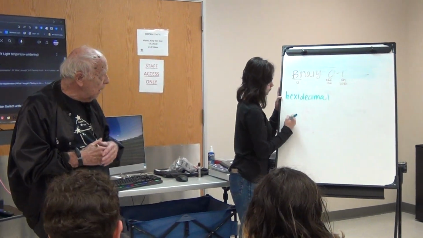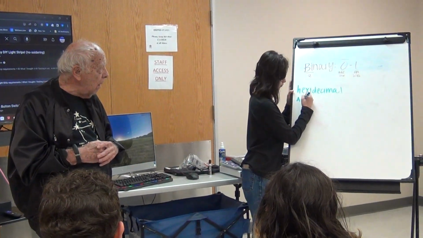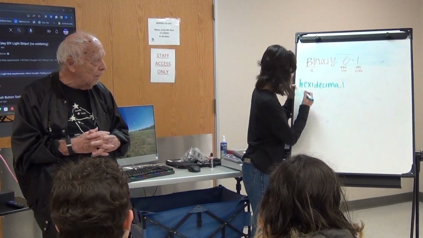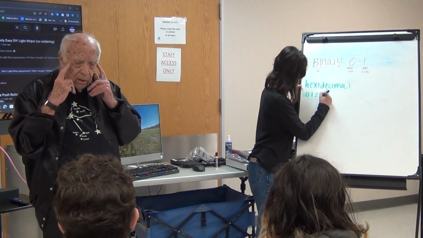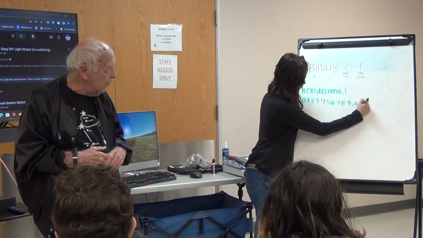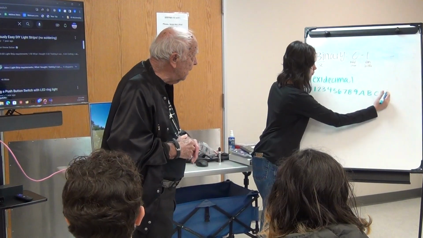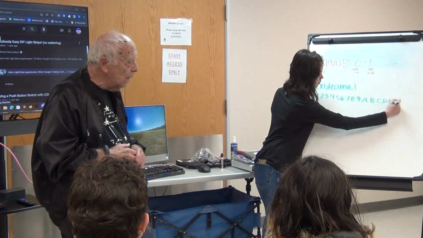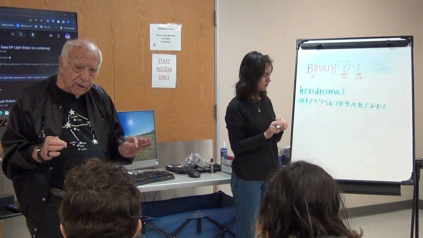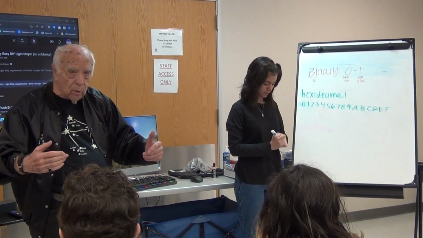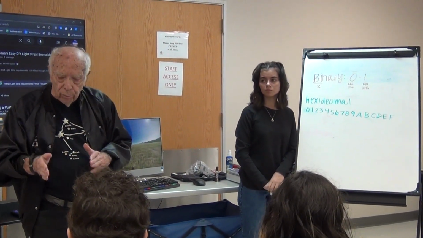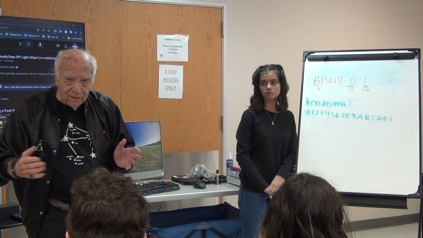So write down 0, no, start with 0. 0 through 9. This is another thing you've got to get through your head. It's a little complicated, but once you get it, it's easy. And then A, B, C, D, E, F. So the first thing you notice when you're moving into this new world is when we use a decimal system, we use 1, 2, 3, 4, 5, 6, 7, 8, right?